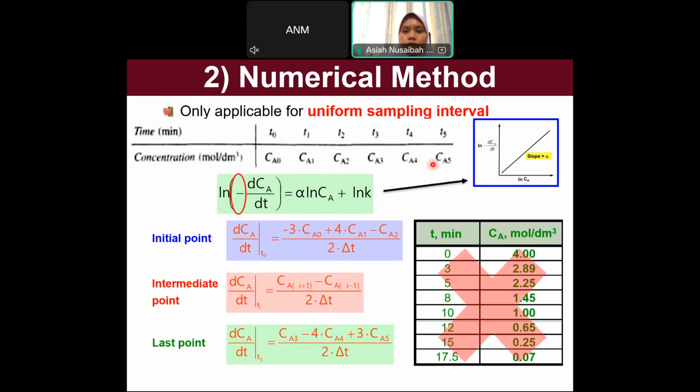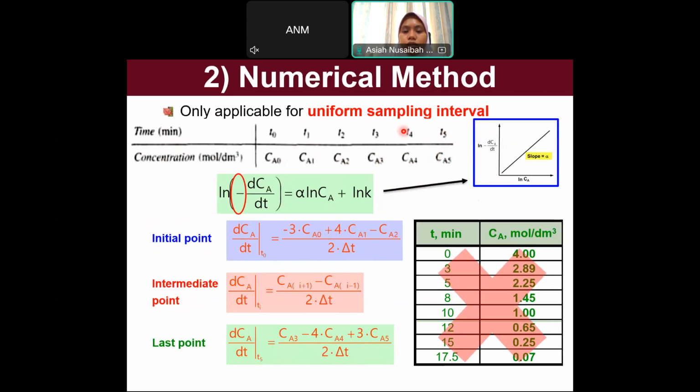Last point, we're going to focus at the end. So dCA over dt, not minus yet, for the last point would be CA3, okay, it's until CA5. So CA3 minus 4 CA4 plus 3 CA5, over 2 times the change of time.